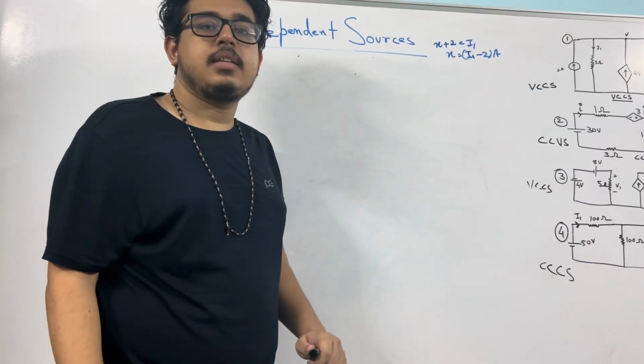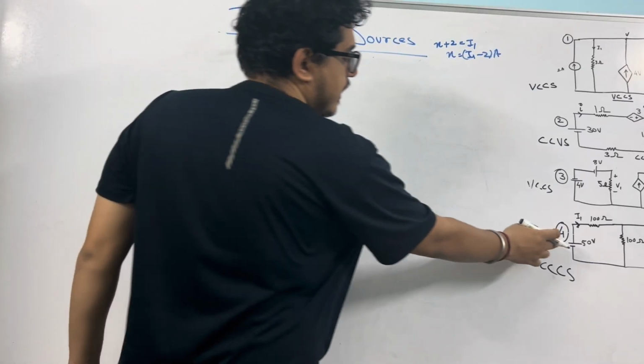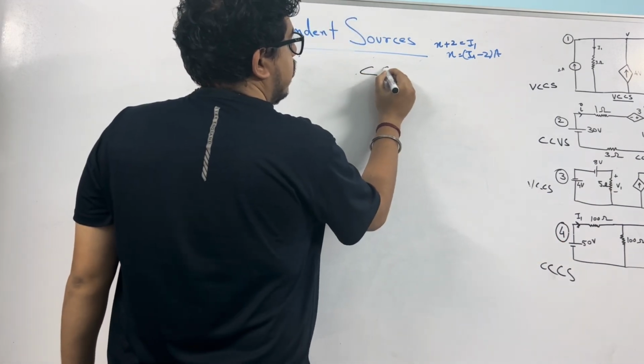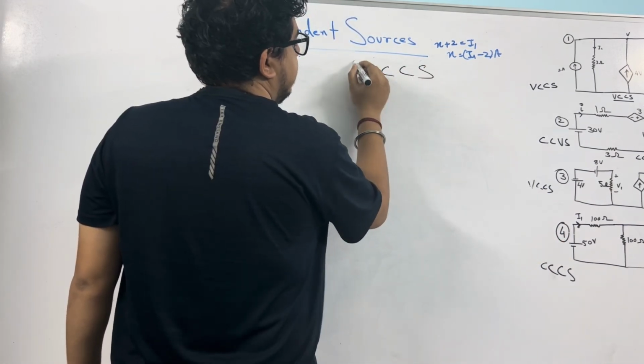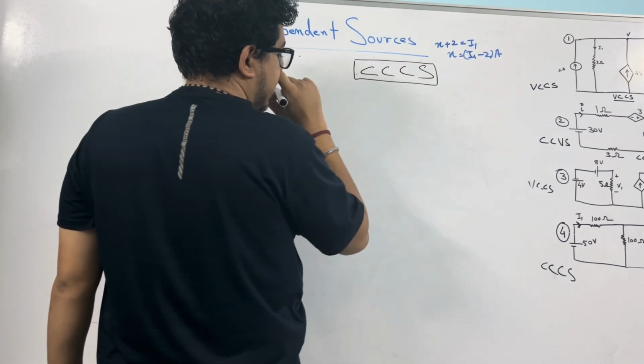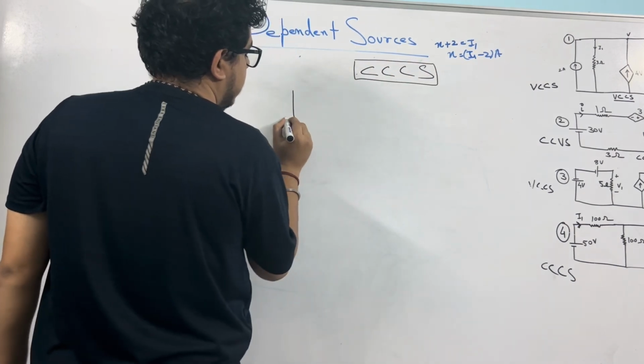Now we will see the last, fourth case. In the fourth case, it is a current controlled current source. So let's work.